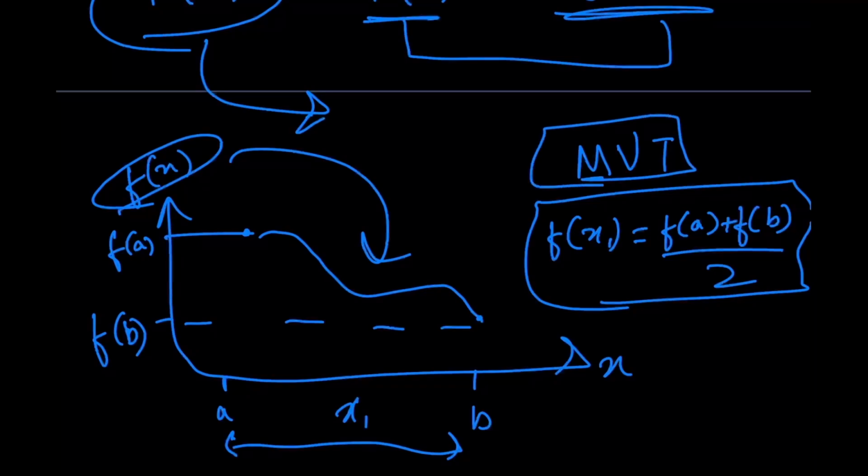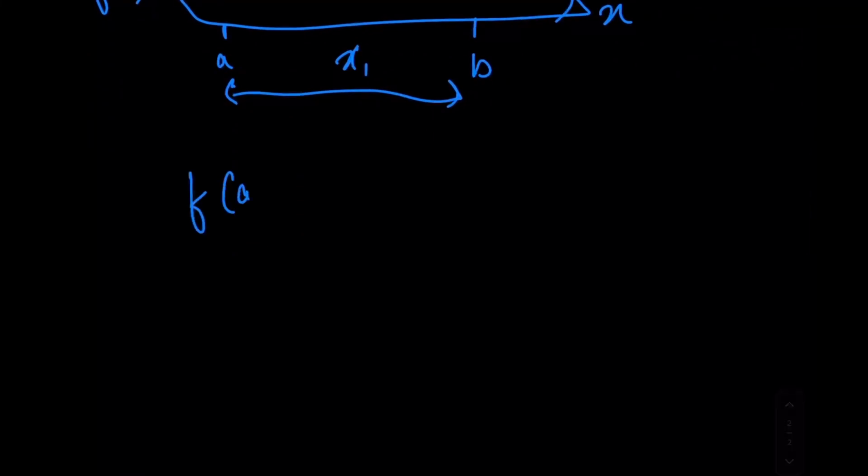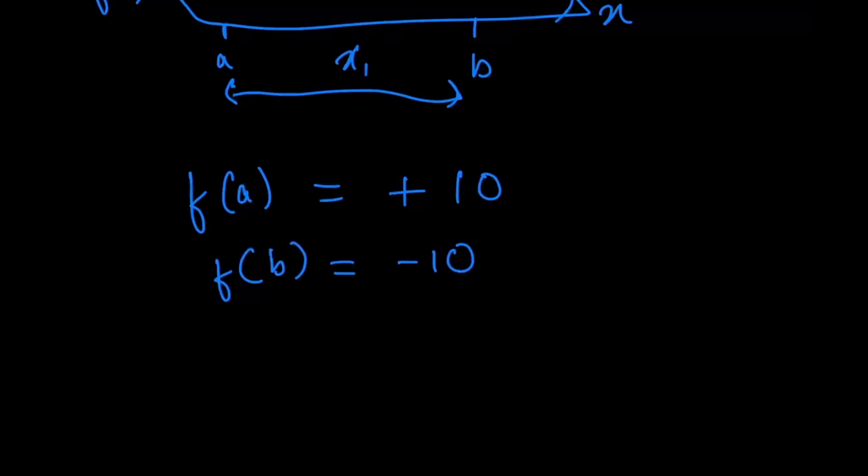So using that, I could also say that if f of a is equal to any positive value, let's say plus 10, and f of b is equal to minus 10, then there lies a point xi between a and b for which f of xi is equal to 0.